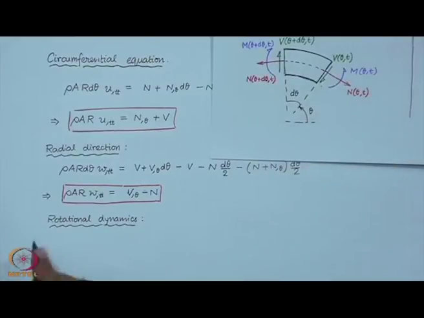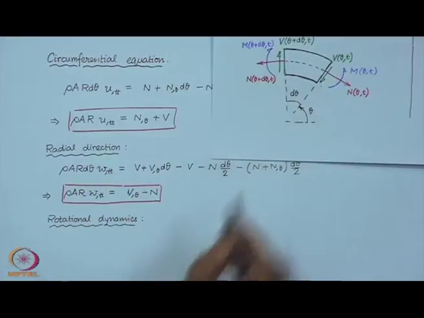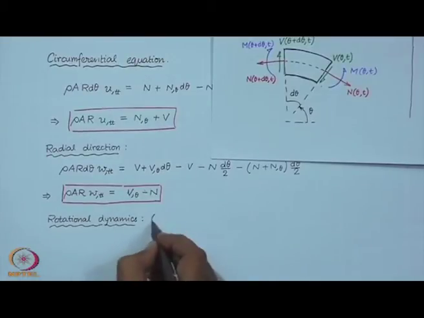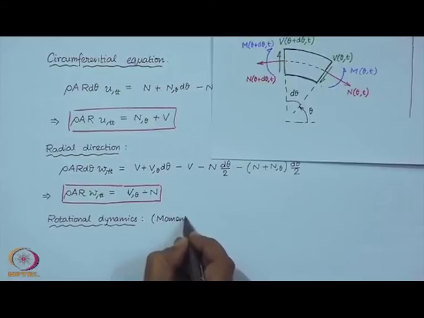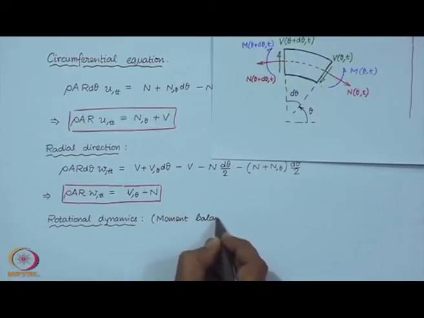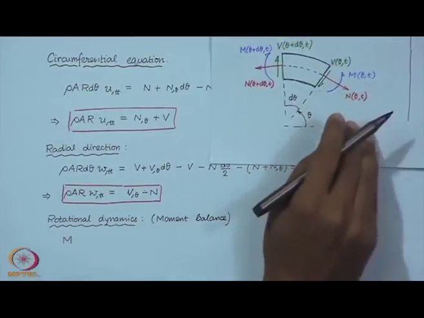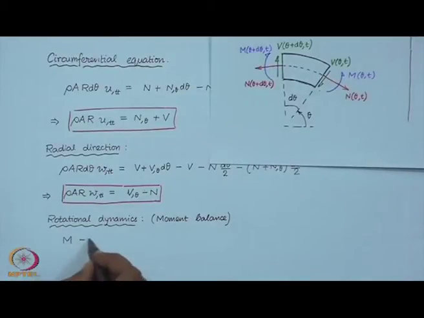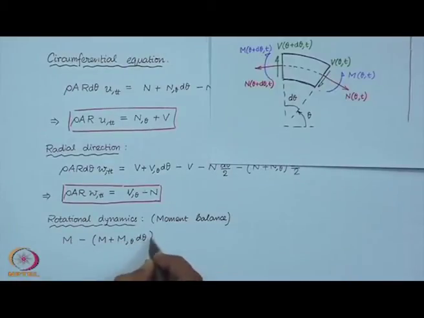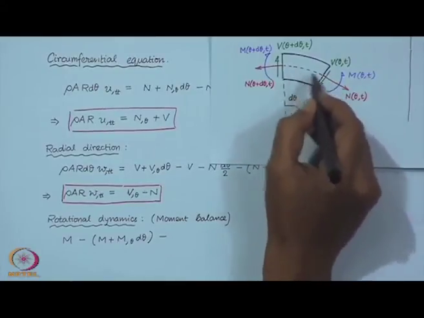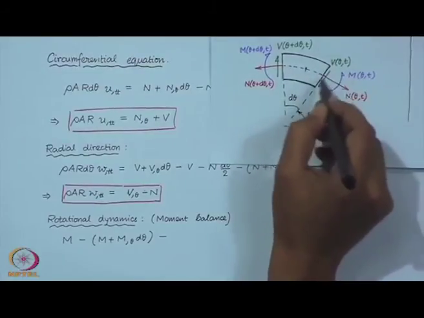So, in that case this equation actually boils down to only moment balance about the center of mass of this element, which can be written as, so M is this moment, and we have two contributions from these shear forces about the center of mass.